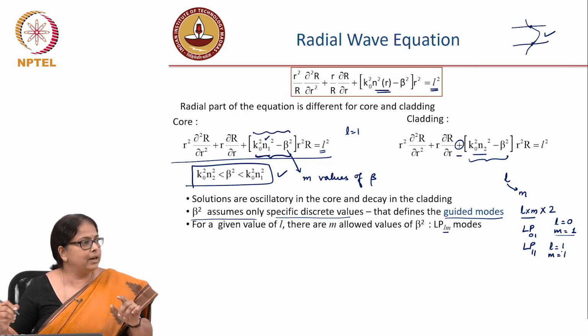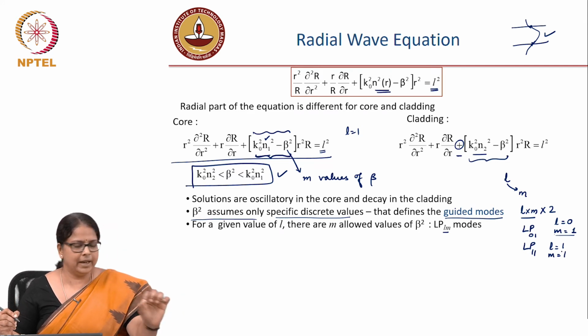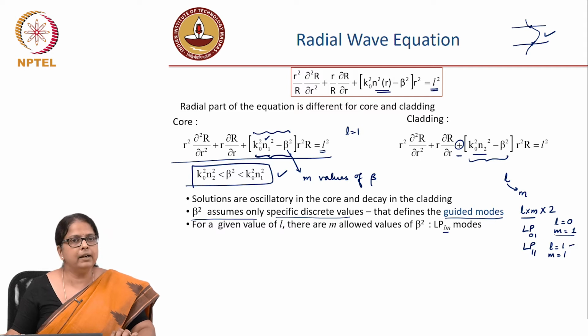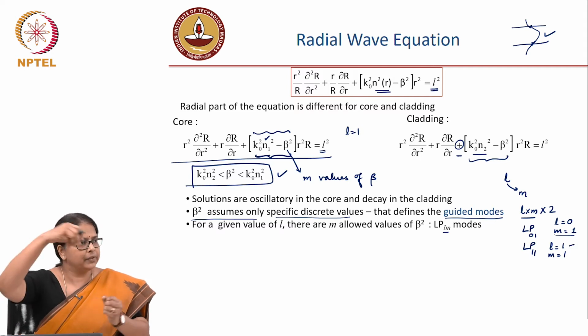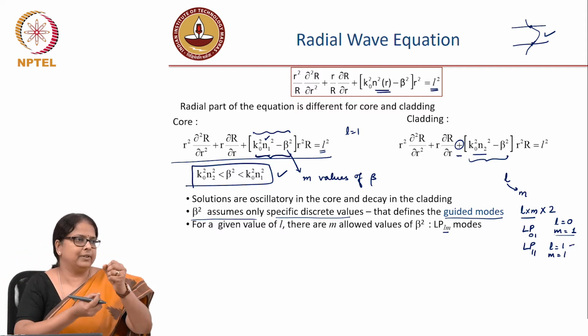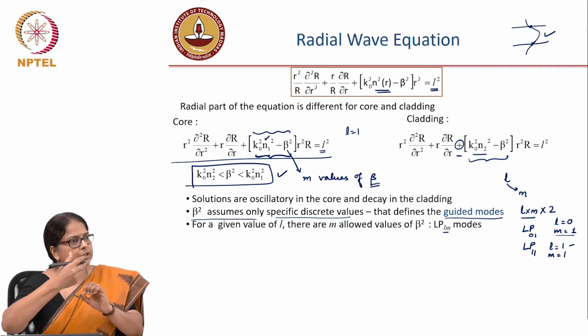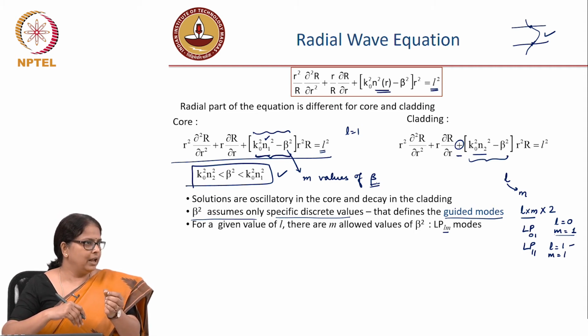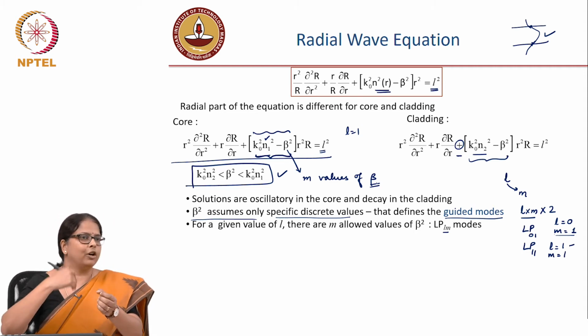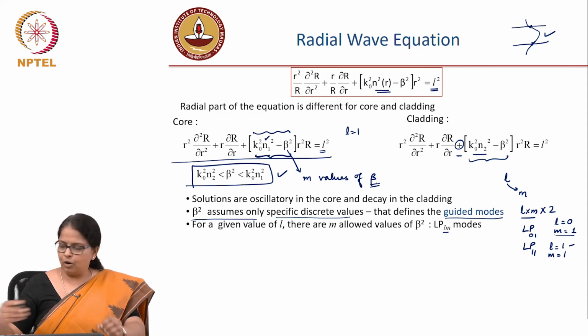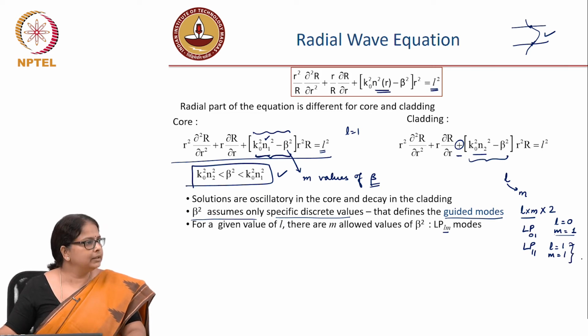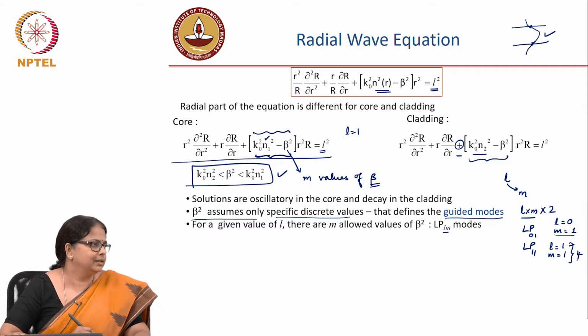Now, m equal to 1 means a specific beta is already assigned, but L equal to 1 could mean a cos phi solution or a sin phi solution. So, a specific assigned value of beta can give a cos phi solution or a sin phi solution, and it could give an X polarized solution or a Y polarized solution. So, how many degenerate modes are possible here? 4. So, you have answered the question.